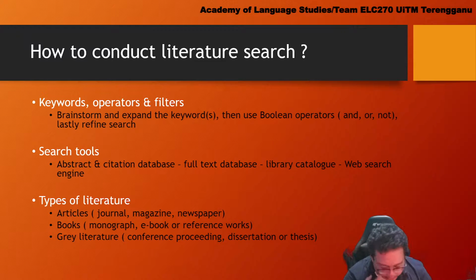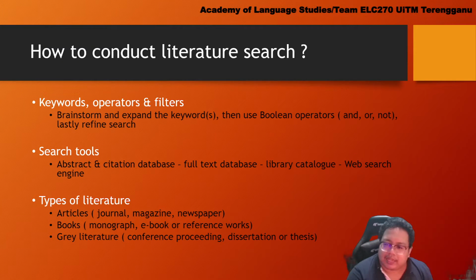You, with your friends, brainstorm and expand on the keywords that might get you results based on the topic. You find out which are related to the topic and which are not. Brainstorm, key in, then remove some, filter it. Then use Boolean operators: and, or, not.